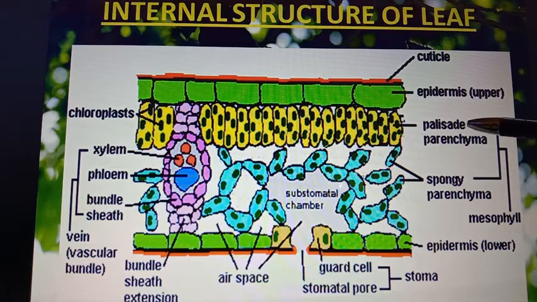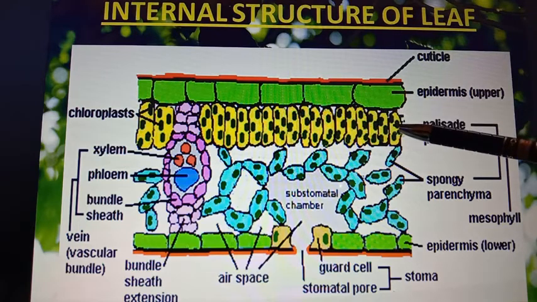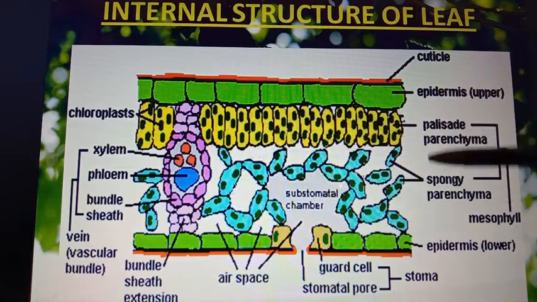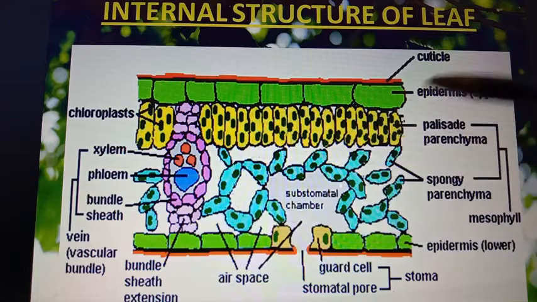Palisade layer is made up of closely packed column-shaped cells containing chloroplast. Main photosynthesis process occurs here. Then the spongy mesophyll layer, which is composed of loosely packed irregular shaped cells containing air spaces in between them, which help in the gaseous exchange in the leaf.